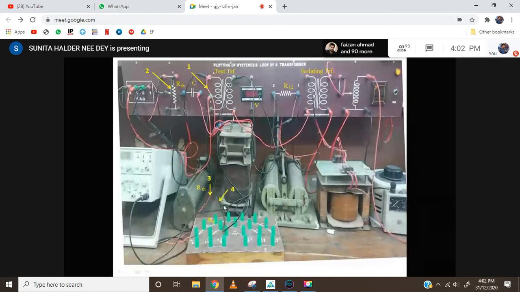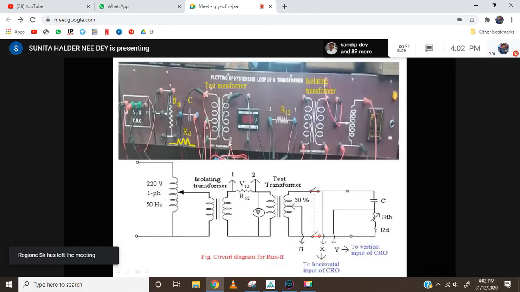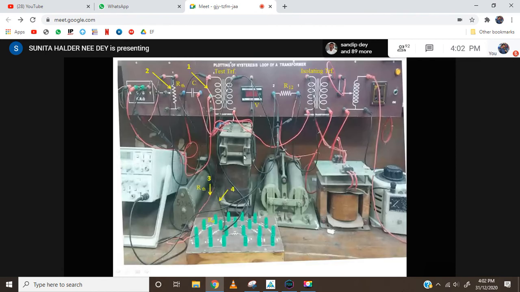Then this is the RTH and this is the RD. You can see in the circuit there is only one, RTH, written on the board, but within this there are two resistors. From the secondary circuit of the transformer it is going there. Let me explain. One minute.